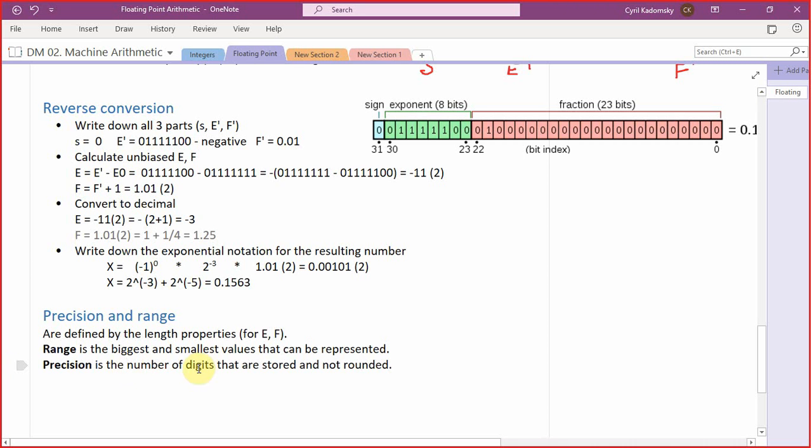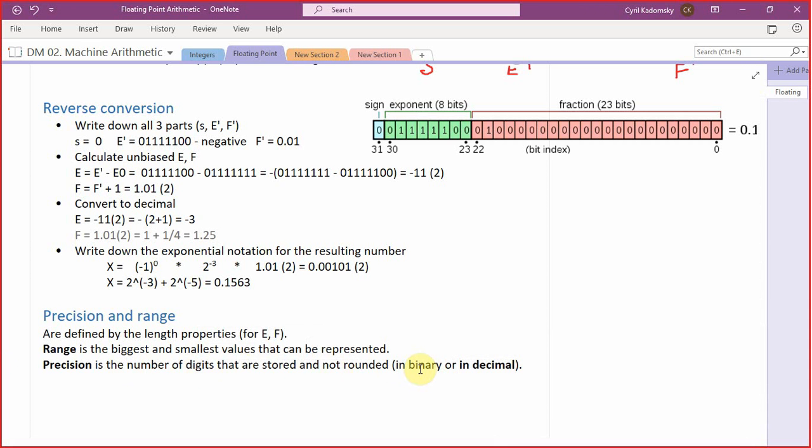Precision is the number of digits that are stored and not rounded. It may be expressed in binary or in decimal. But for all practical reasons, of course, we use precision in decimal. That would be the final result that we need here.